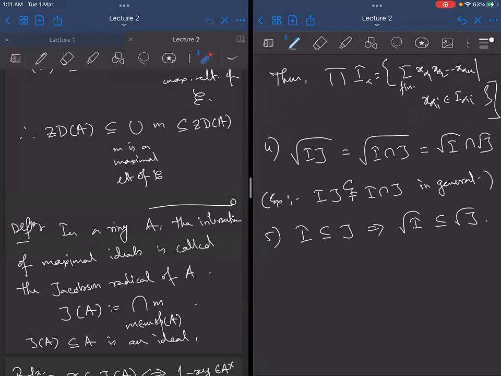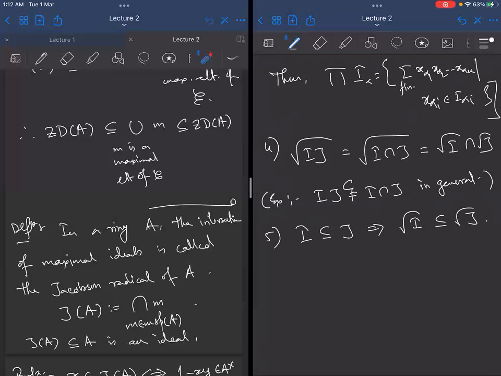First I am proving the fifth property. If you take any element x in radical of I, then x power n is inside I for some n, and therefore x to the power n is inside J for that n, and thus x is in the radical of J. So that part is done.